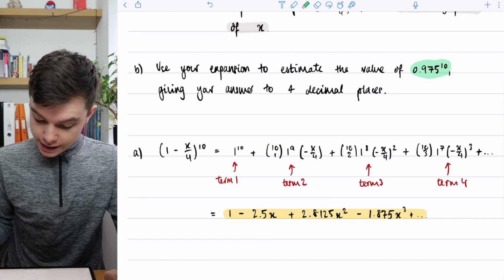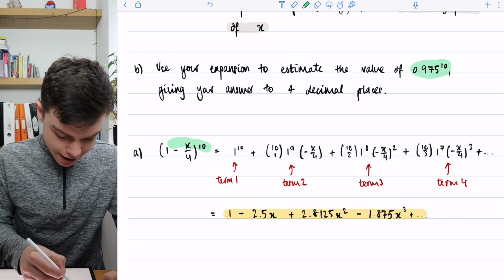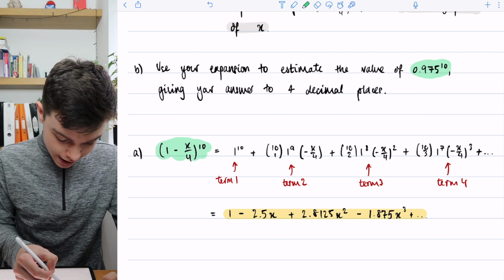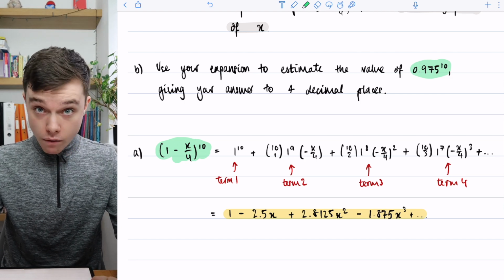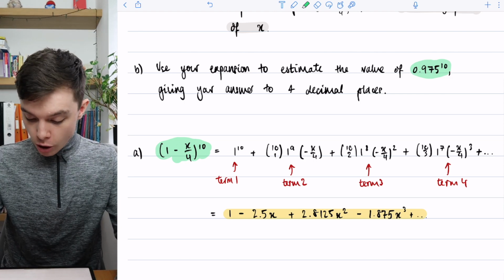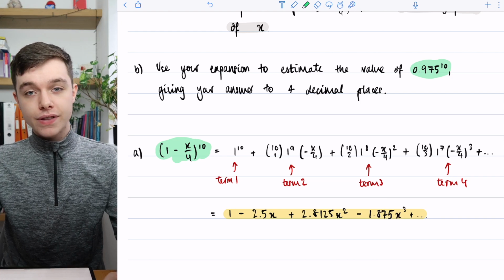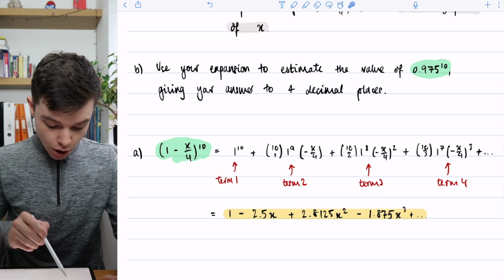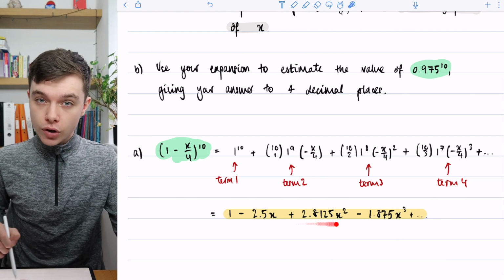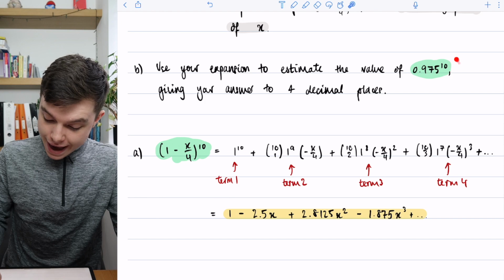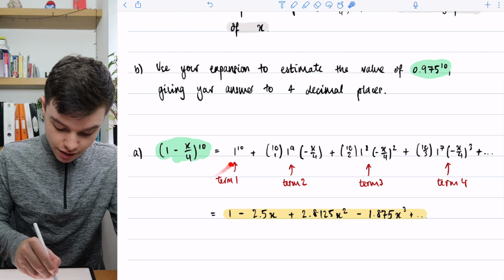So look at what I've just highlighted in green there, and then compare it with this bracket here: 1 minus x over 4, to the power 10, and 0.975 to the power of 10. We know this bracket's expansion, or at least its first 4 terms. I want to compare this with this.